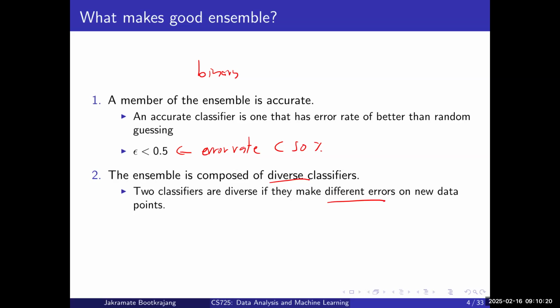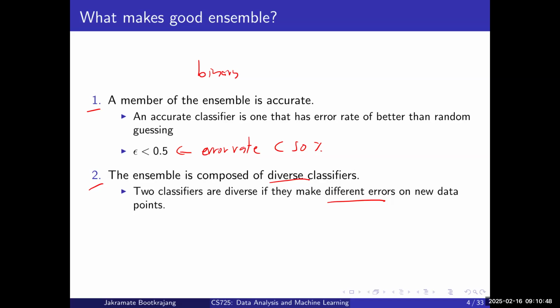So based on these two conditions, basically we don't want a near perfect member. We only want it to be a little bit above chance, but it doesn't have to have a high accuracy. But collectively, they should be different, right?